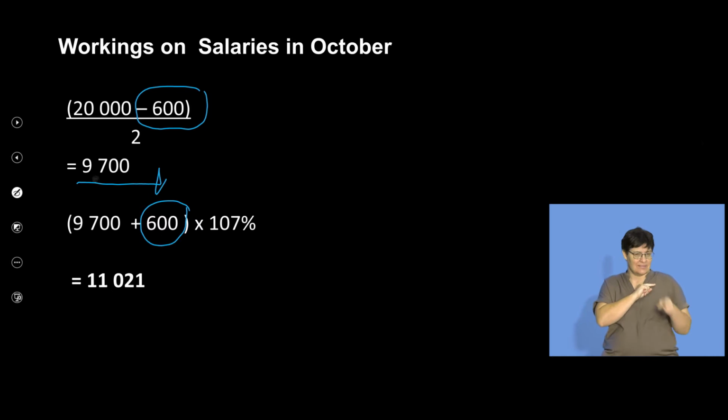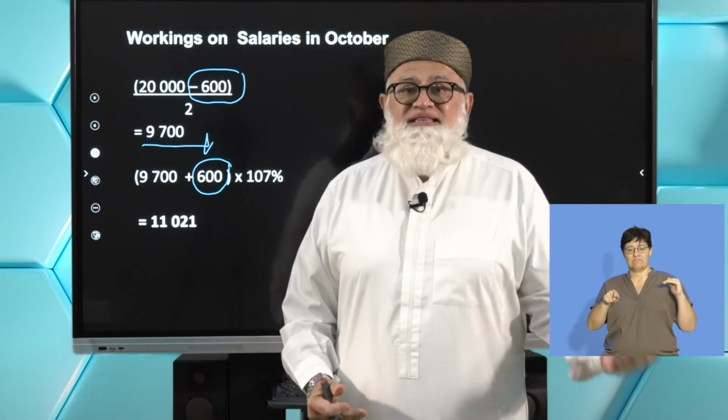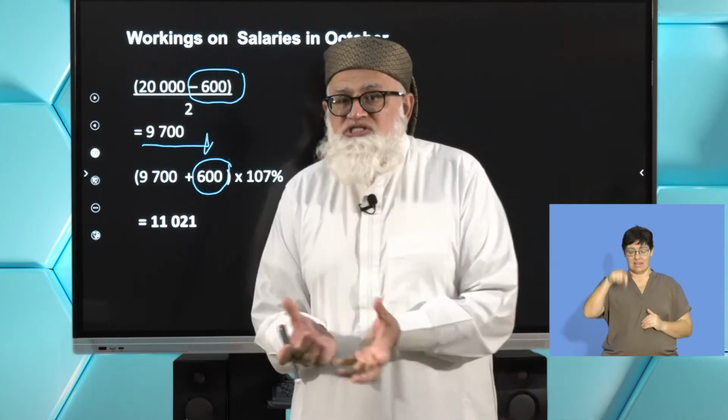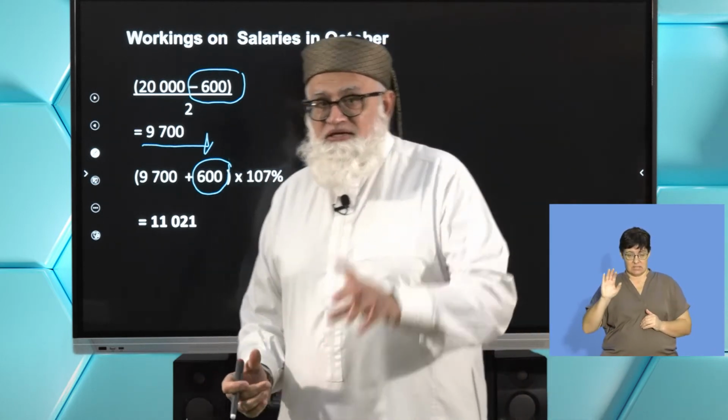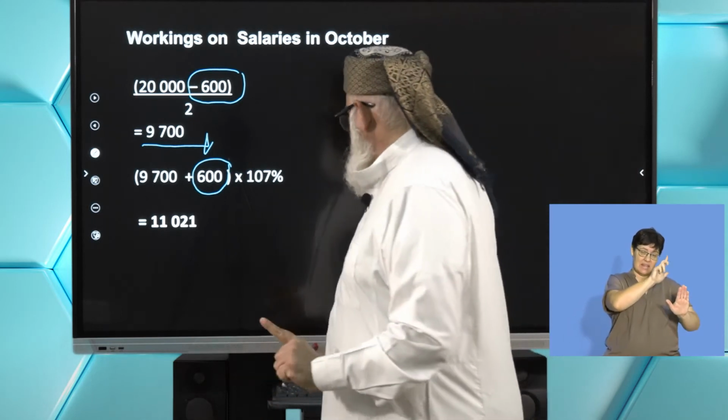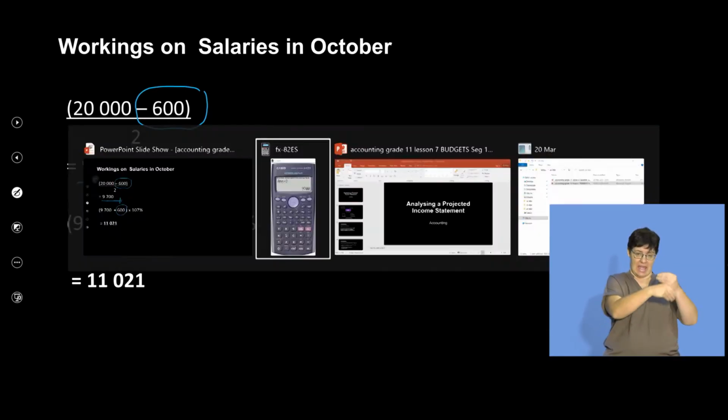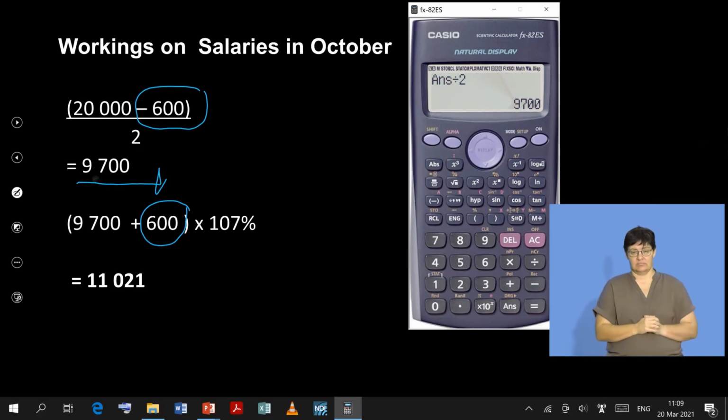Why? Because obviously the one is earning 600 Rand more than the other. So the 9,700 plus your 600, that's the first part of your calculation. Okay, so here we go. Take your 9,700 plus the 600, and that will give you a figure of 10,300, right?